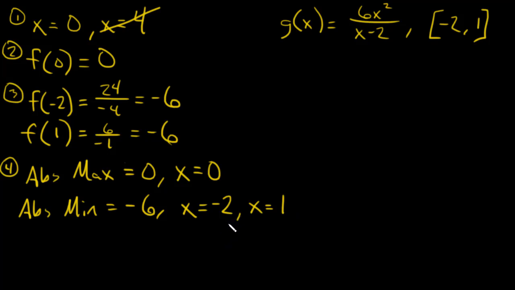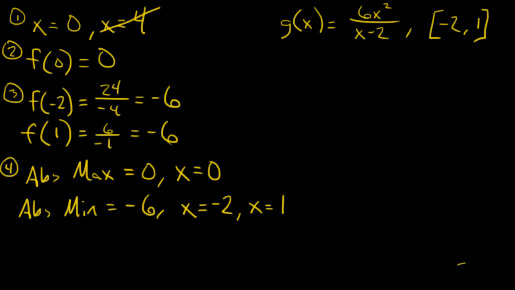So there you have it. I've got my lowest value at x equals 0 and my highest values at -2 and +1. And that is that.